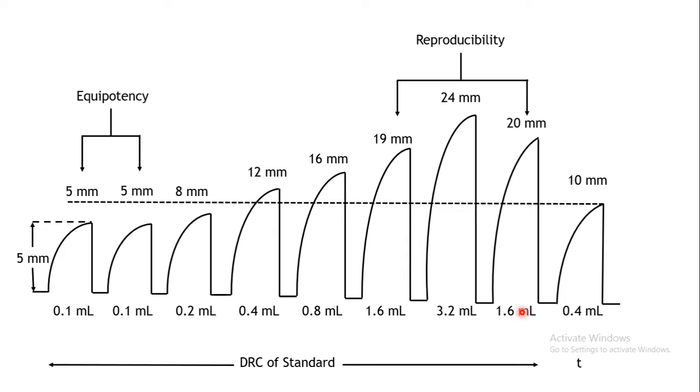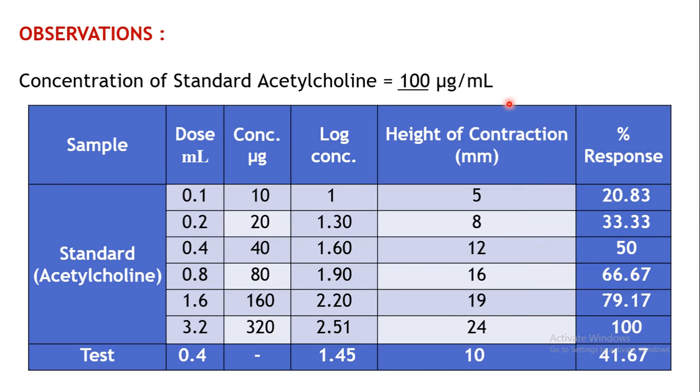Not only that, the height of your test must also lie in between the heights of your standard. The lowest height of your standard is 5 mm and the highest height is 24 mm. So your test height should be in between these two, that is 5 mm and 24 mm.